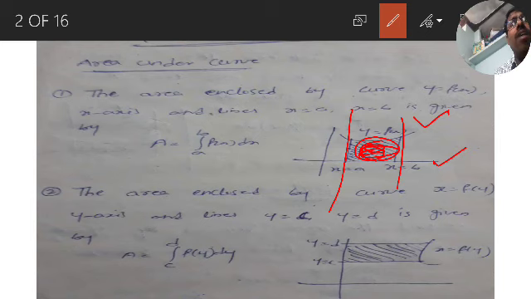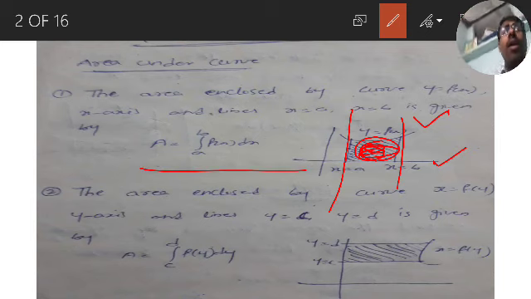This area can be found by using the formula integration a to b f of x dx.